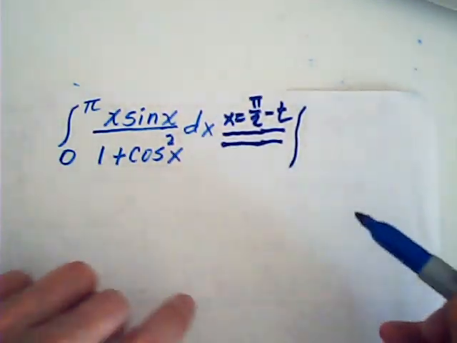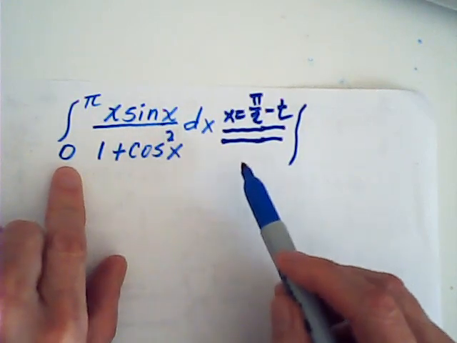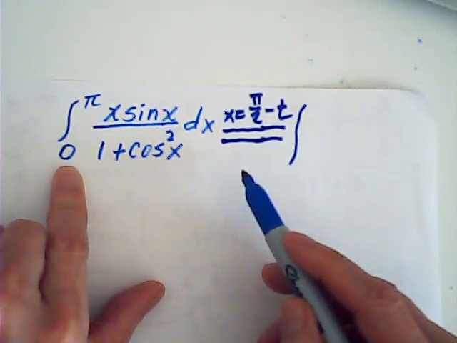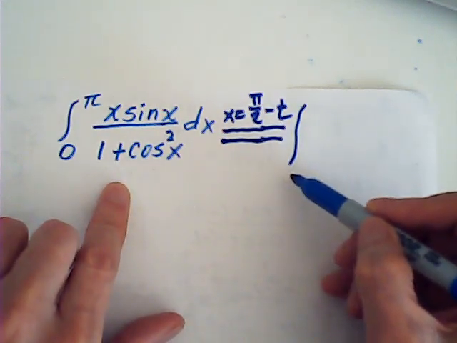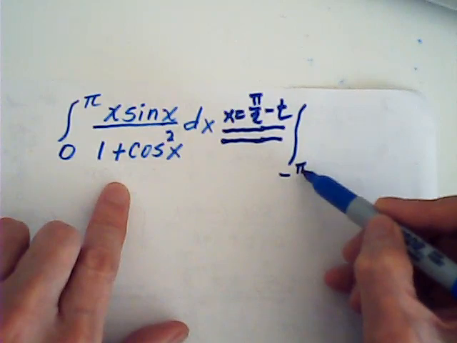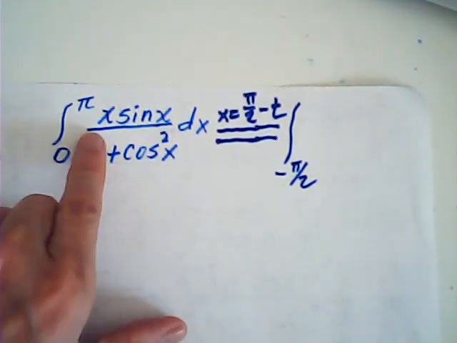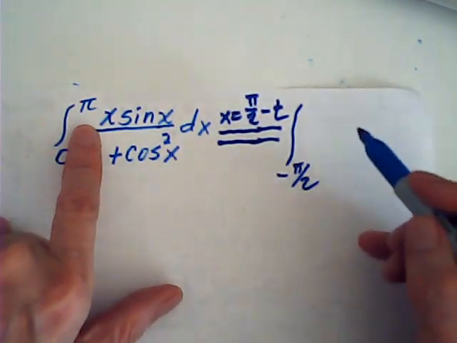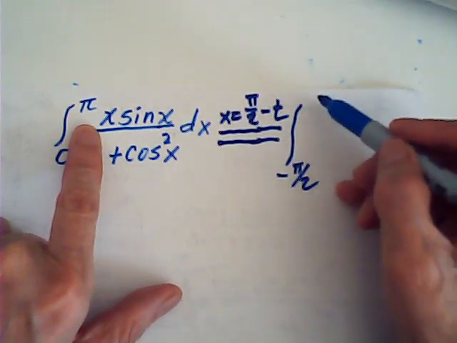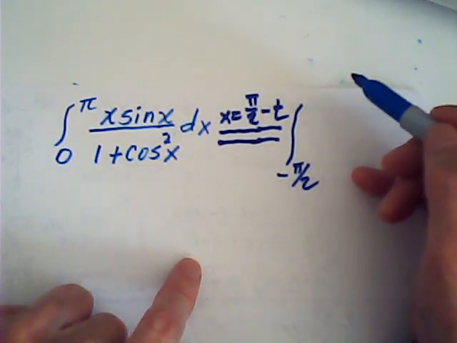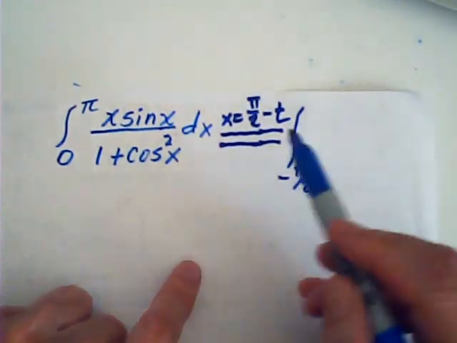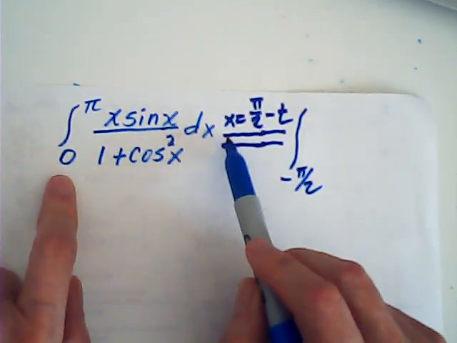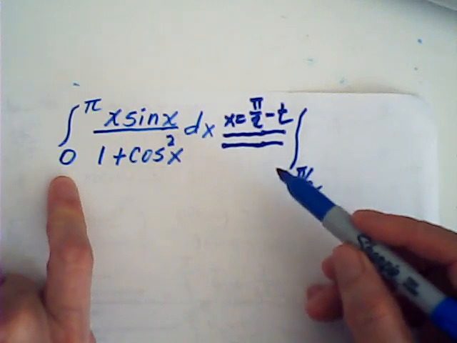Then in this integral, when x is 0, t is half pi.